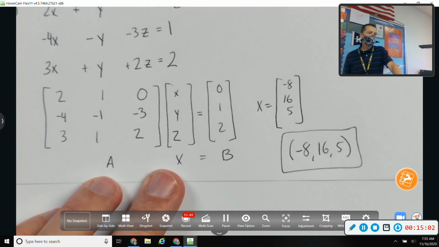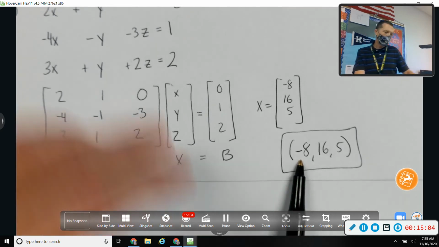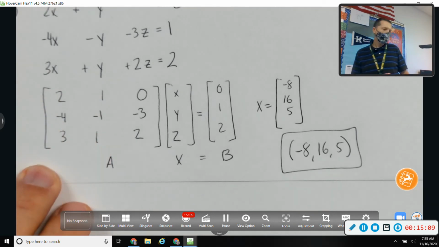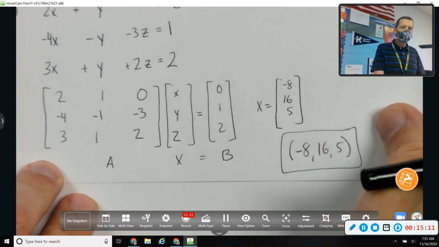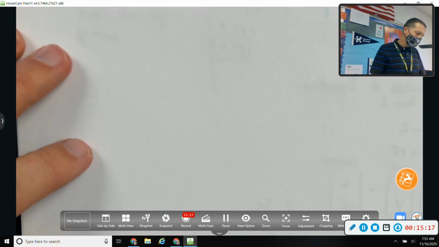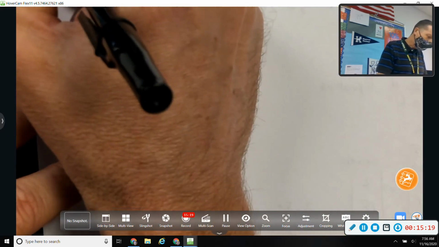Because if you write it like that, all the math people know that that's x, y, and z. So it's just about putting it in the calculator correctly. Now, there are some weird things that happen, so we need to talk about Roman numeral 3.